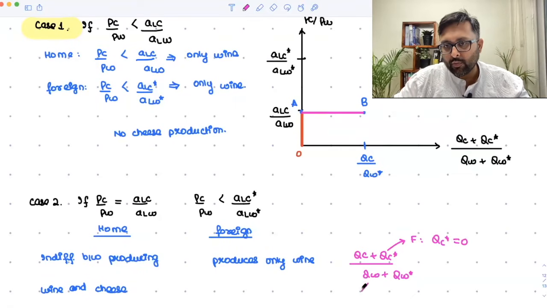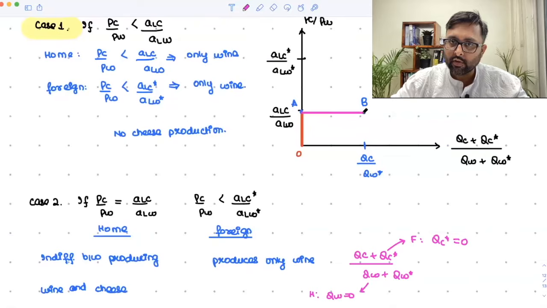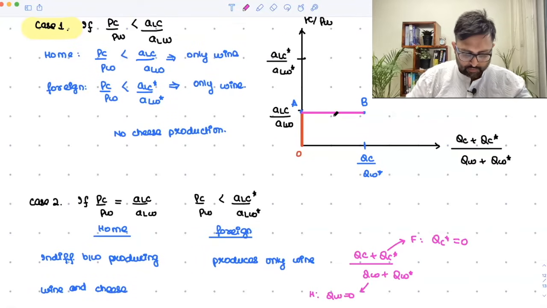And you get this point when home is not producing wine at all. So the relative supply of cheese in the world is QC by QW star. So this is what you have. Home can also produce something in between as well, right?